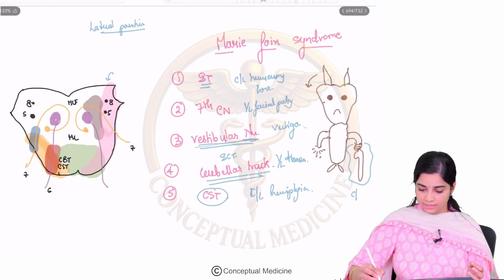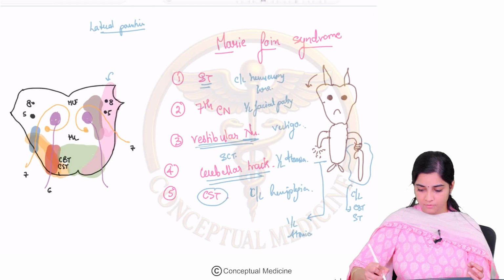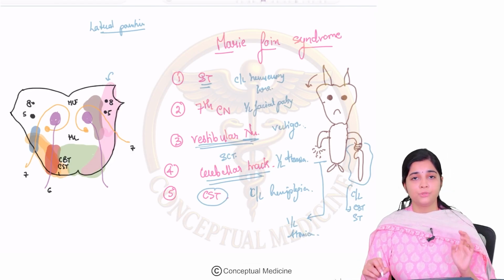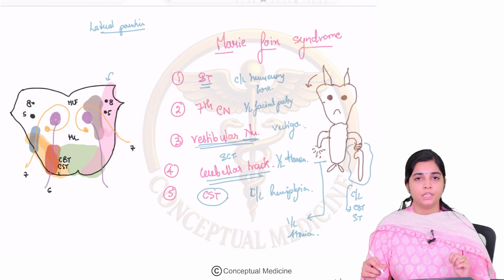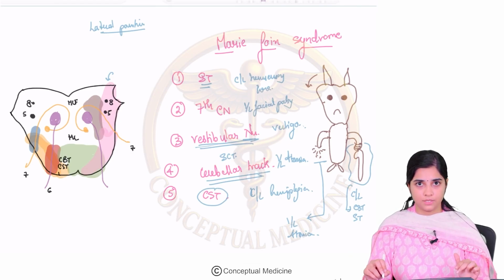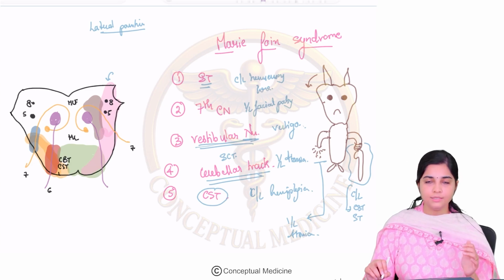Okay, so contralateral corticospinal and spinothalamic tract involvement is represented here, and this is your ipsilateral ataxia. Okay, so this is a visual mnemonic to remember your Marie-Foix syndrome. So that is about your lateral pontine syndrome. So we have learnt about ventral pontine and lateral pontine syndromes.